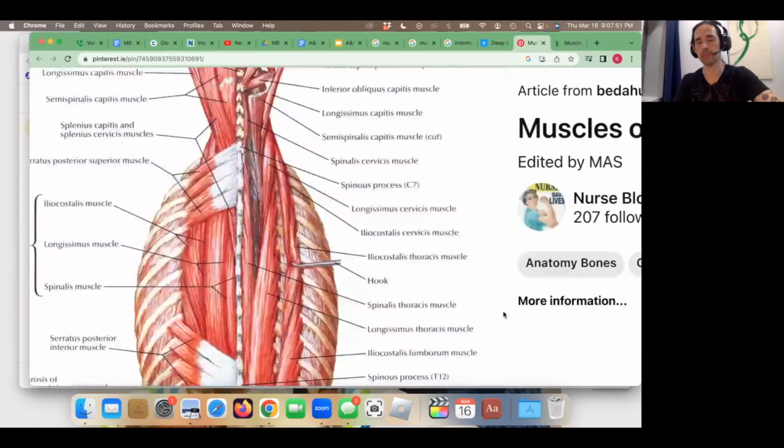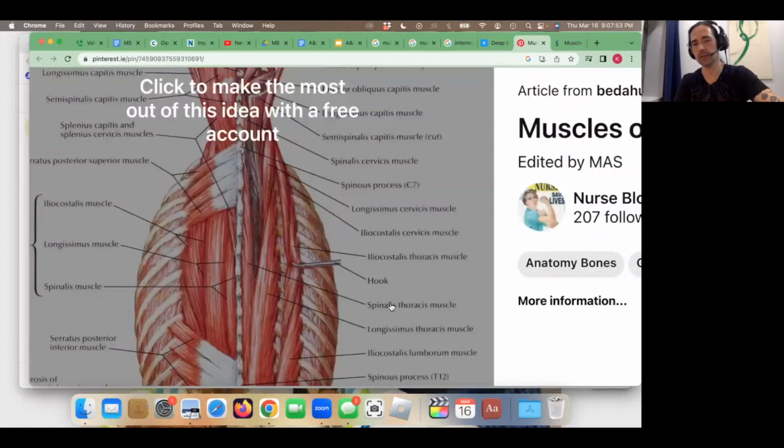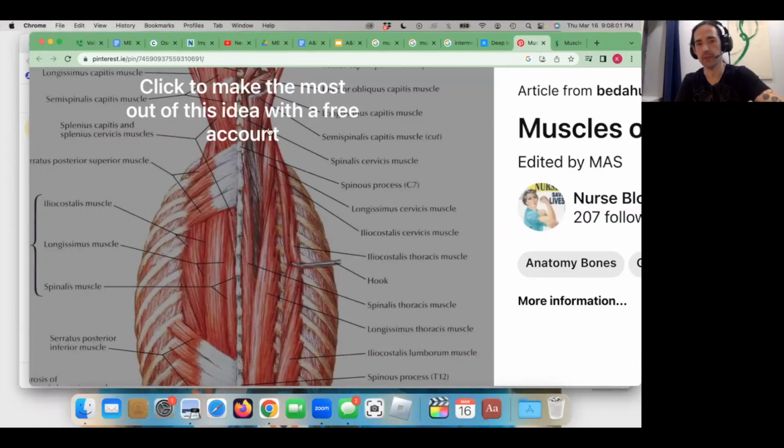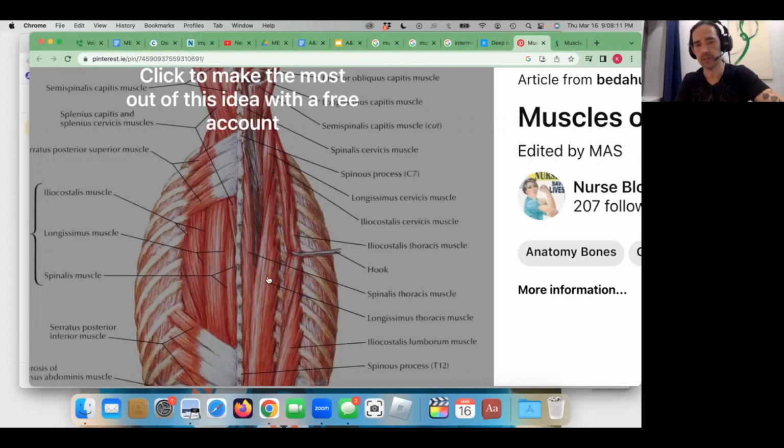Okay, and then on the other side, you have the spinalis thoracis and spinalis cervicis. And then next to that, you have the longissimus. Guess why it's called the longissimus? Because it's a long one. There's the longissimus cervicis and longissimus thoracis.